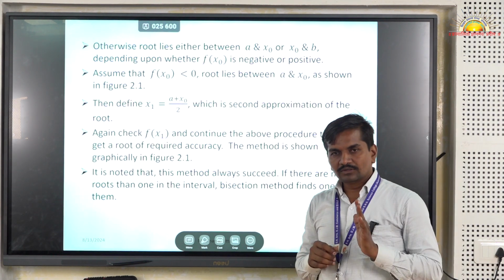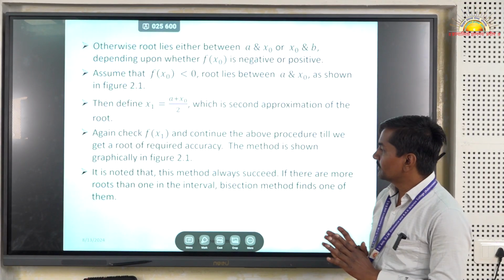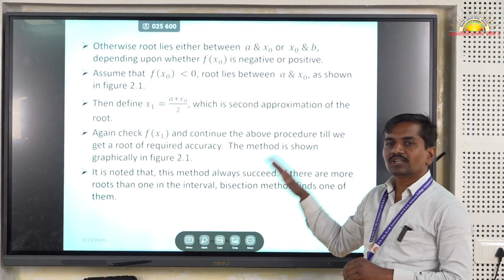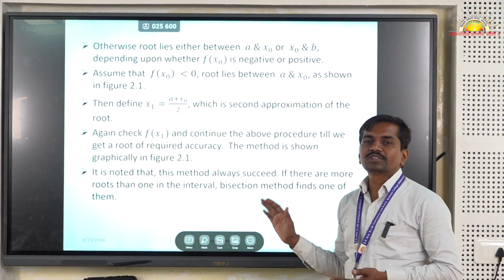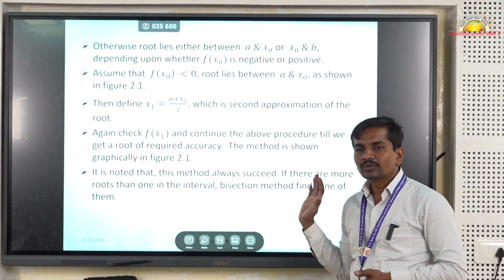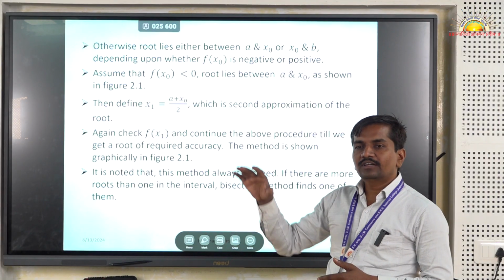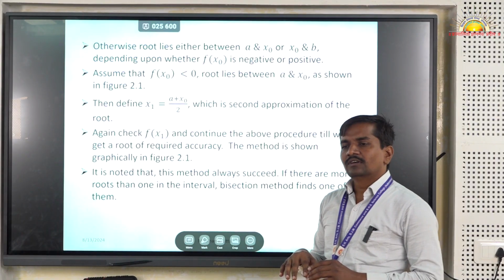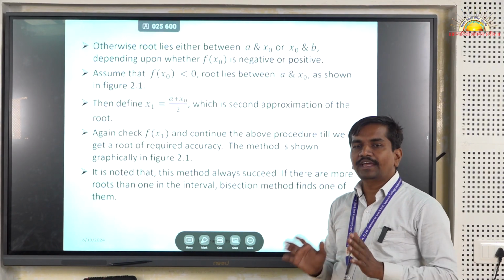Now, remember that the bisection method always succeeds. That means if we use the bisection method, it gives the guarantee of existence of the root of the equation f of x is equal to 0, but the number of steps to calculate the root of the equation depends on the choice of initial values a and b.